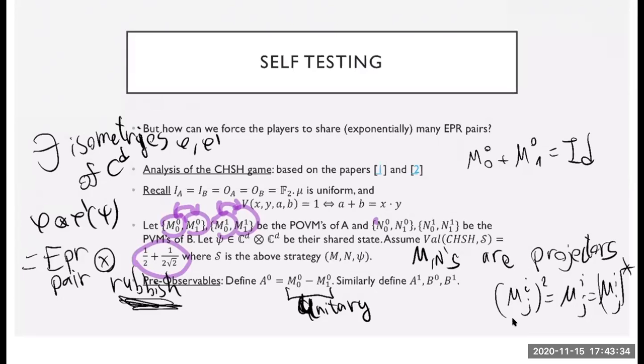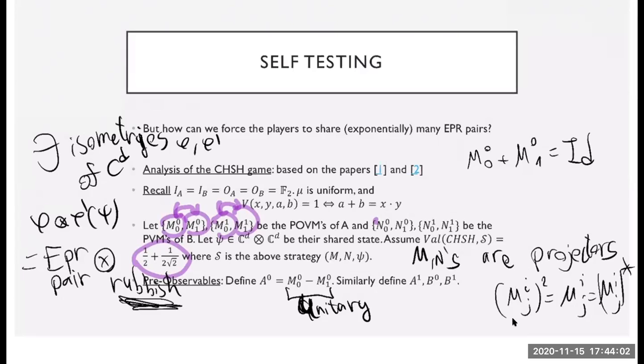Because the fact that they sum up to the identity and both of them are projectors implies that actually these are projectors on complementary, orthogonal subspaces of your vector space. So this is just an orthogonal decomposition of your vector space into two subspaces, and M00 is projecting on one of them, and M01 is projecting on the other one.